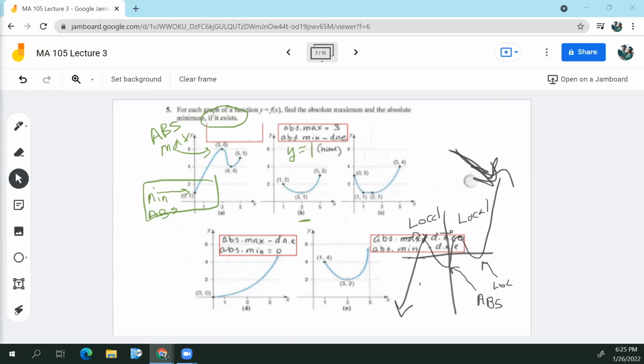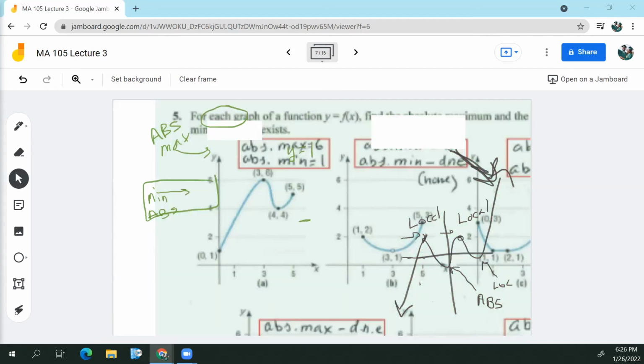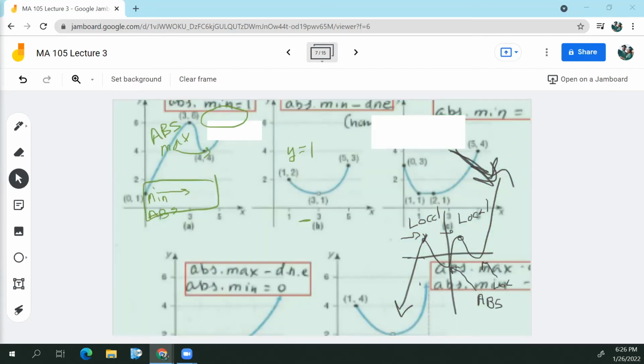I said that the absolute minimum was at 1, and I was wrong. Anybody see why? Because according to this, the absolute minimum does not exist. So what was I missing? It might be hard for y'all to see, so I'm going to blow this up. I want you to look very closely because I missed it. Look closely at this minimum. What's the problem with this?